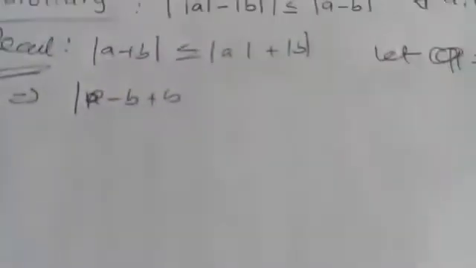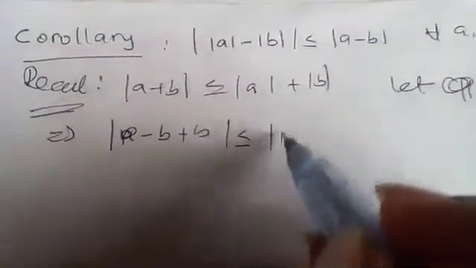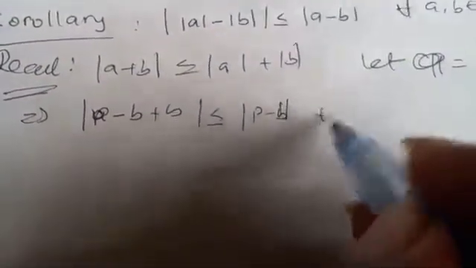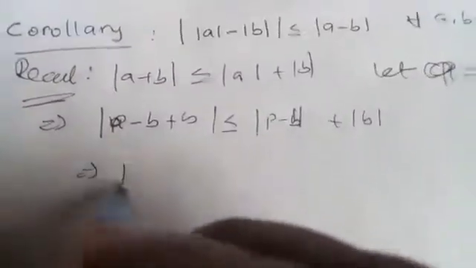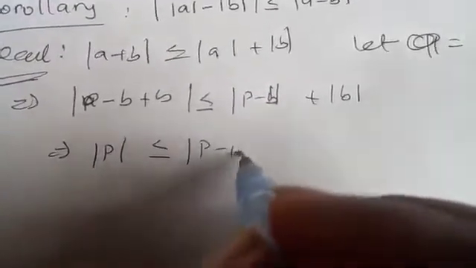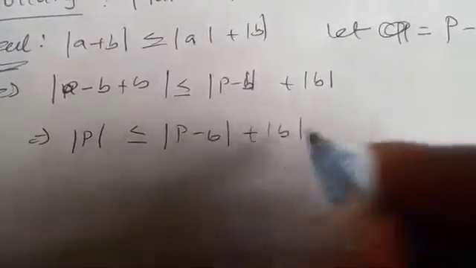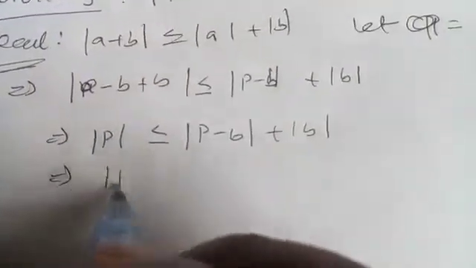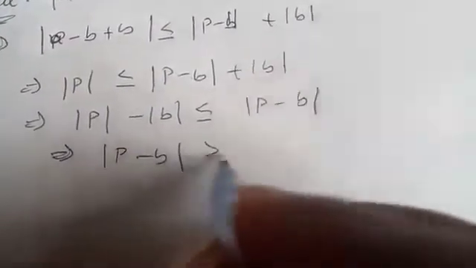So this will be p minus b plus b is less than or equal to the absolute value of p minus b plus the absolute value of b. So this gives me p is less than or equal to p minus b plus b. Collecting like terms, this minus this is less than this.